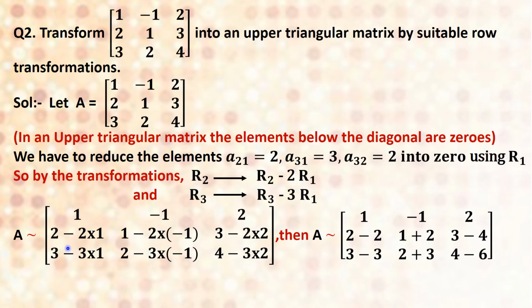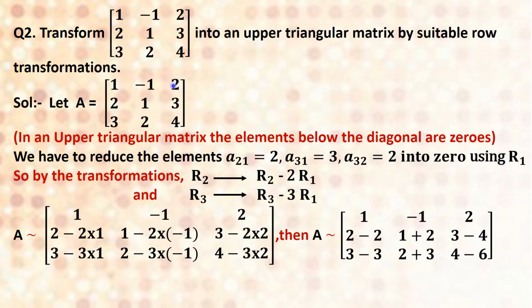So 1 minus 1 2, then 2 minus 2 into 1, corresponding elements are taken, 2 minus 2 into 1, 1 minus 2 into minus 1, 3 minus 2 into 2. And the last row, the transformation is R3 minus 3R1. So 3 minus 3 into 1, 2 minus 3 into minus 1, 4 minus 3 into 2.